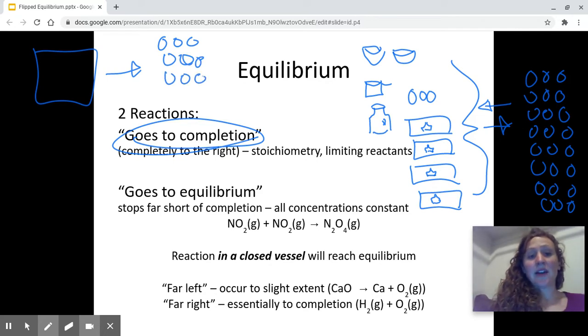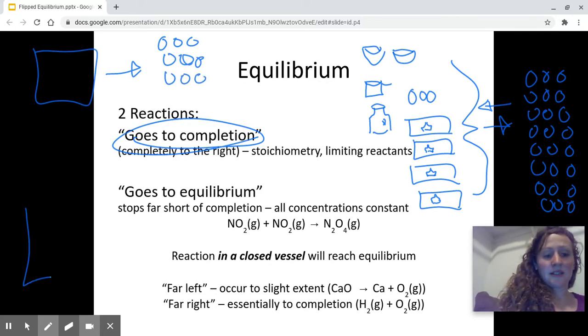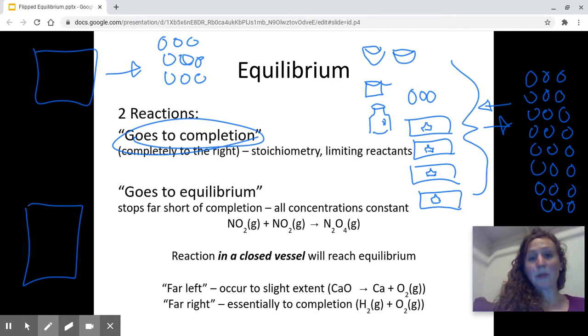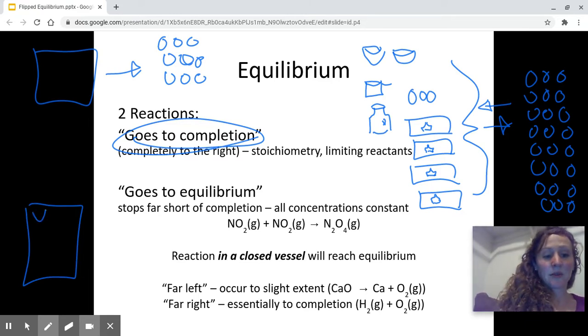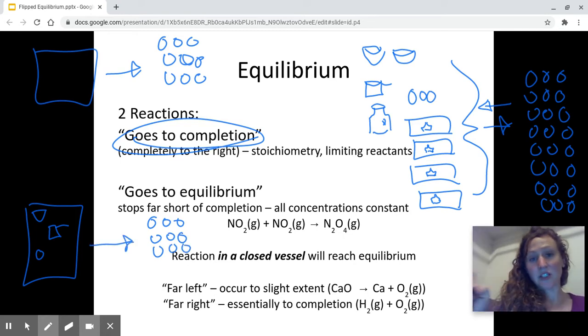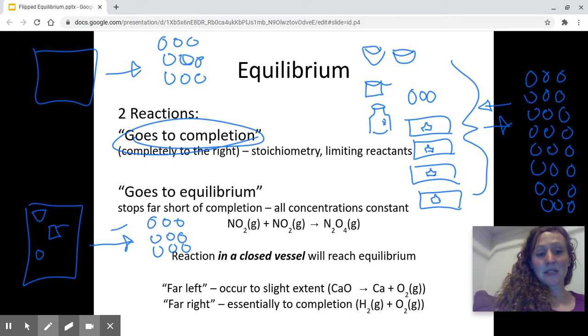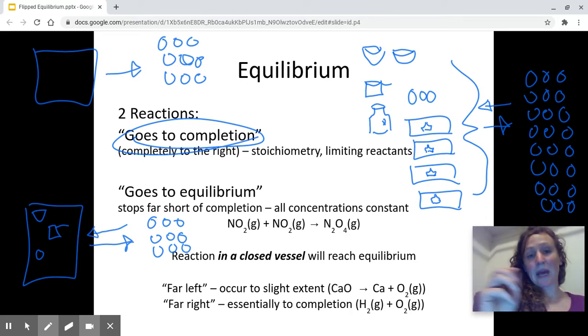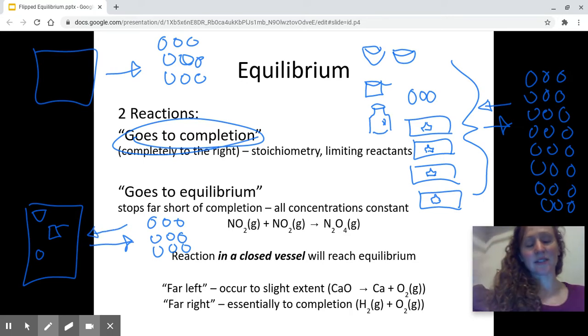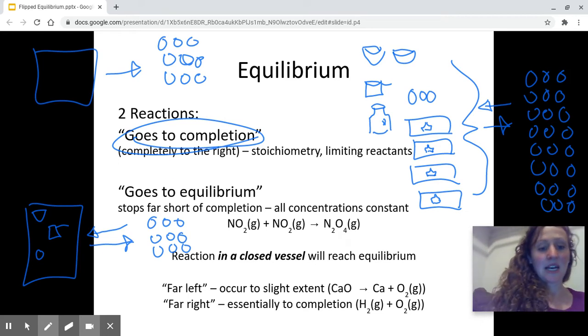What we're usually left with is scenario B. We have some ingredients left and we have some products. And ingredients are being turned into products at the same time products are being turned back into ingredients, also known as reactants, right?